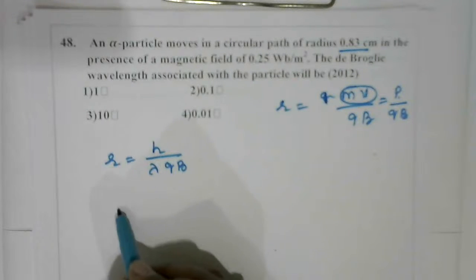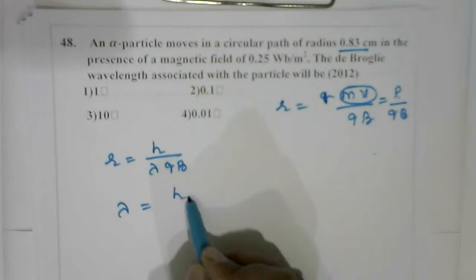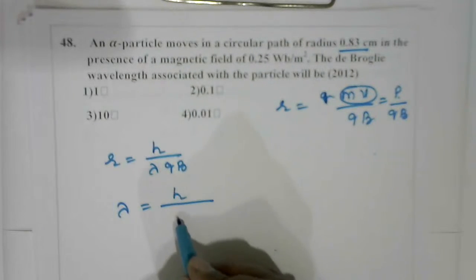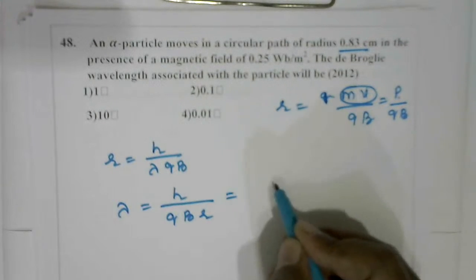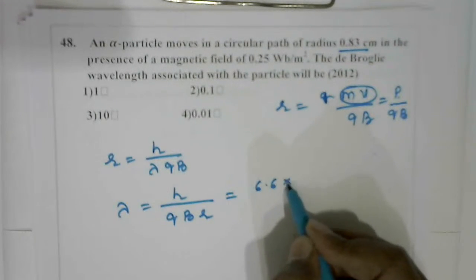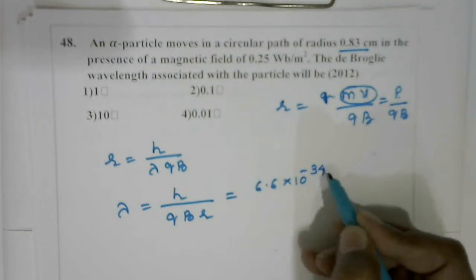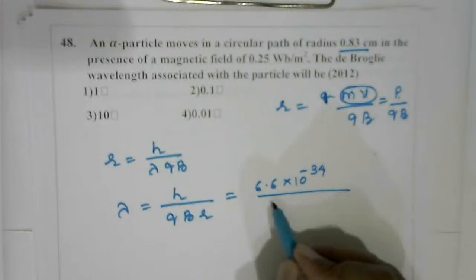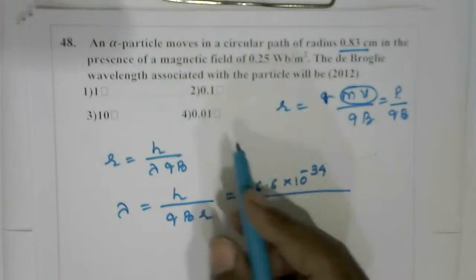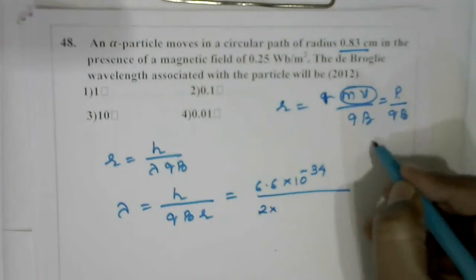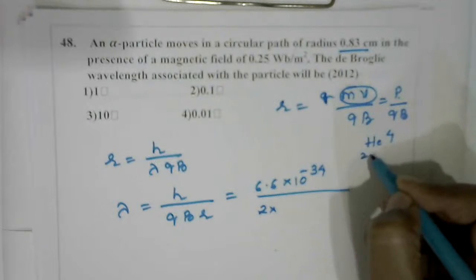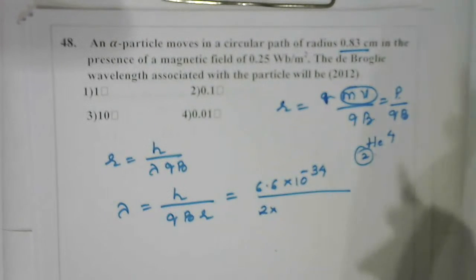Now we solve for lambda and substitute all the things. H divided by qBr. So 6.6 into 10 to the power of minus 34 divided by the charge of the alpha particle, which will be 2 times e, equivalent to a helium nucleus. Remember, it's 2e, children.